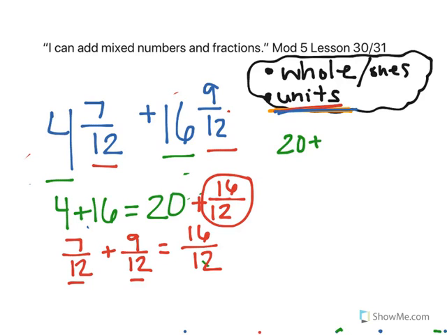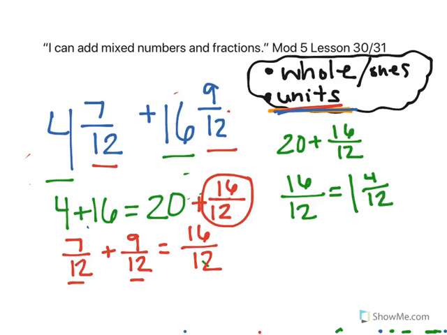Okay, so let me write in green. 20 plus 16/12. I need to change my 16/12 into not an improper fraction. You need to take out that whole. So let's do that work here. How many times can 12 go into 16 without going over? Just once. Okay. How many are left over from 12 to 16? It's 4 over 12.